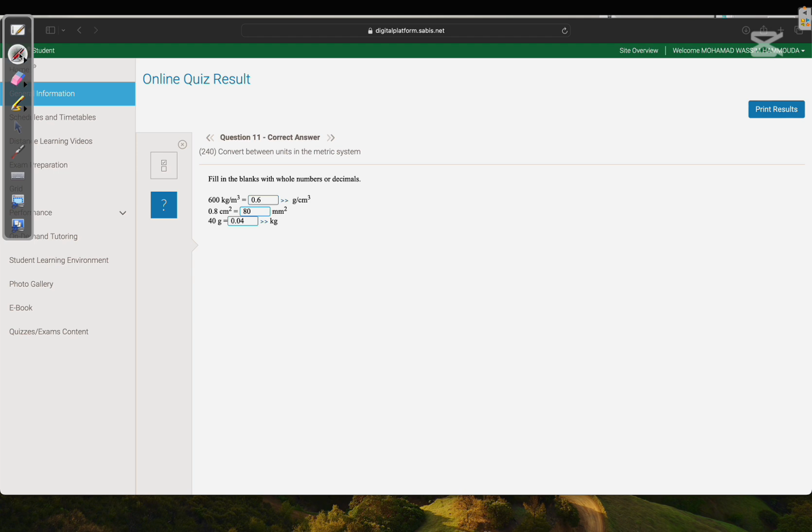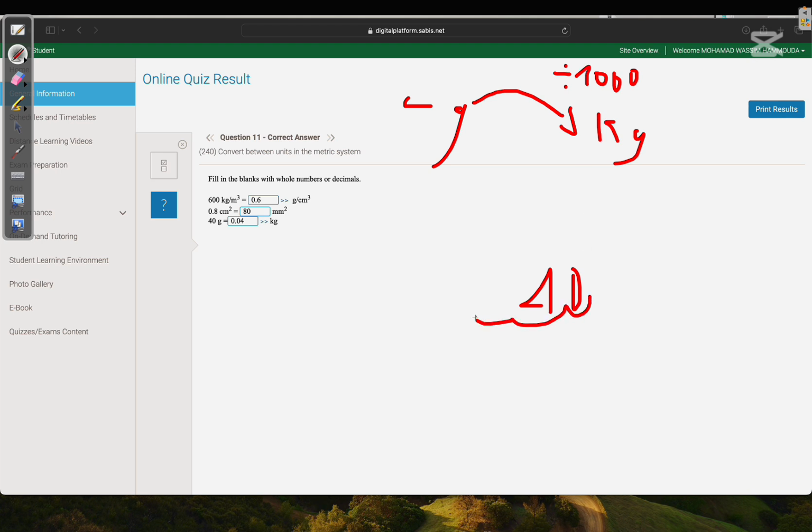We learned this when we were young. Grams to kilograms, you divide by 1,000. So 40, then we just take 3 decimal points back: 1, 2, 3. 0.04 kilograms.